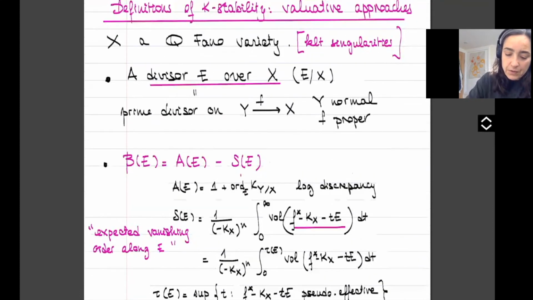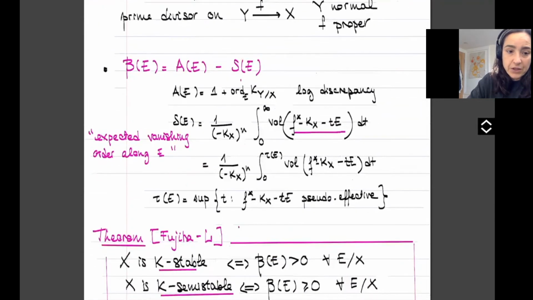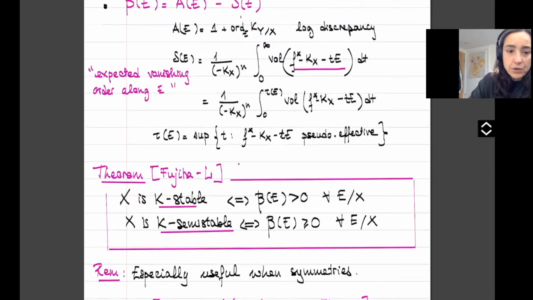Okay, so the beta invariant is then defined as the difference between this log discrepancy and this expected vanishing order along E. And the theorem due to Fujita and Li is that X is K-stable if and only if the beta invariant is strictly positive for every divisor E over X, and it's K-semistable if and only if the beta invariant is greater or equal to 0 for every divisor E over X. So now we've replaced our definition of K-stability, which was in terms of all test configurations of a Fano variety, by a definition in terms of all divisors over a variety.